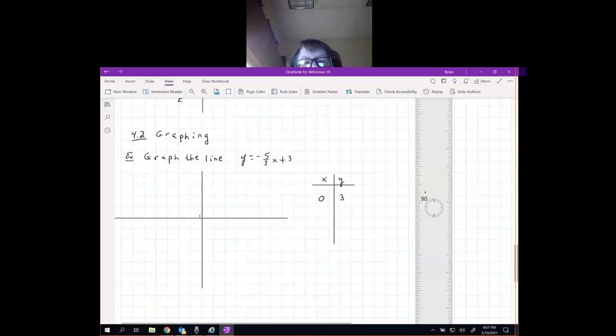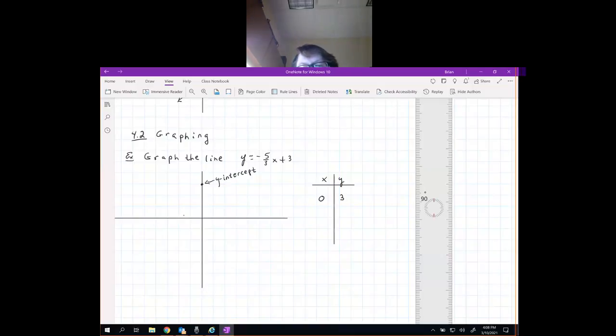So when x is 0, y is equal to 3. We call that point the y-intercept. That's the place where it strikes the y-axis.